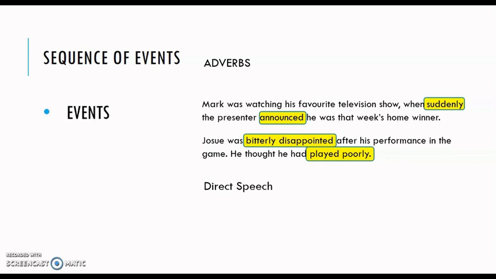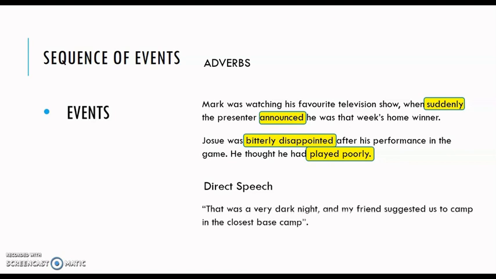Another way of telling the events in a catchy way is by using direct speech. Direct speech is using the exact words in a story as a person said it when it happened or when the writer shows it was happening.